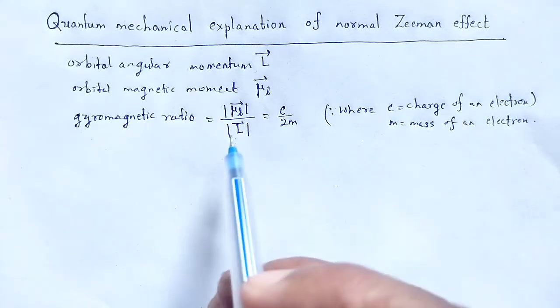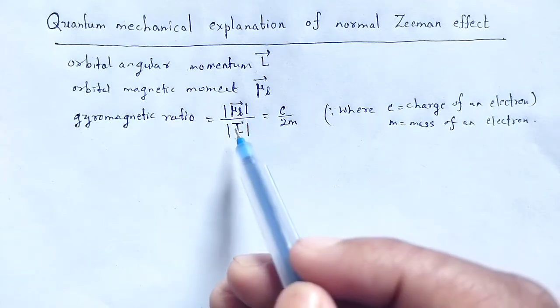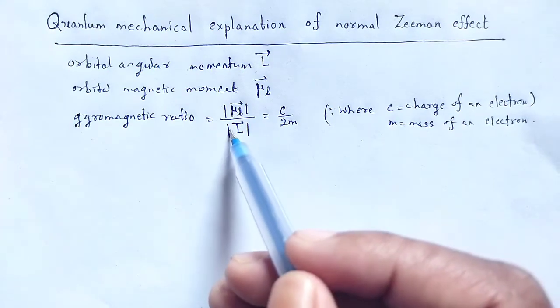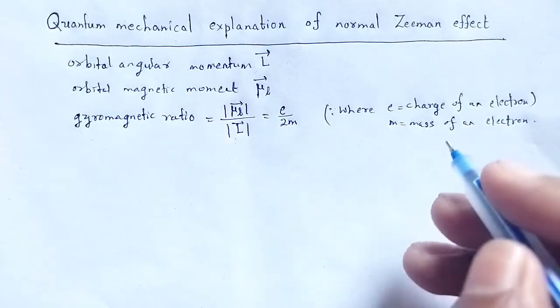This means the vector mu L is directed opposite to the L vector.